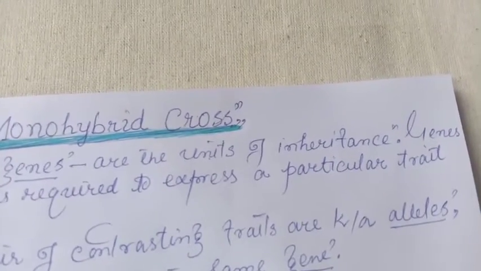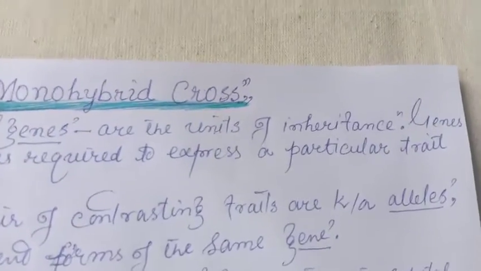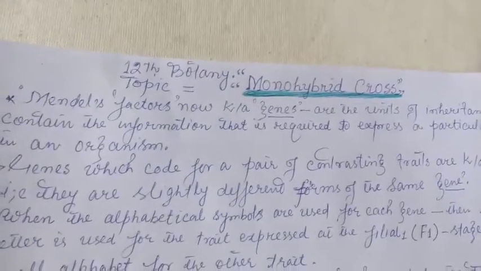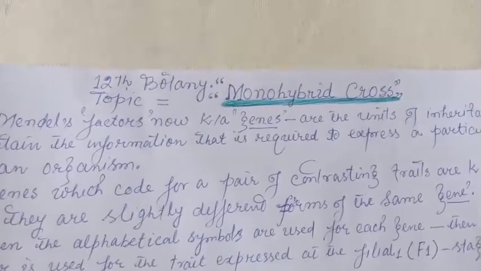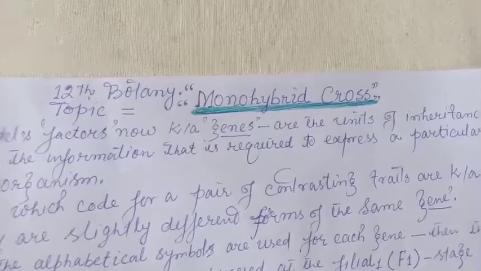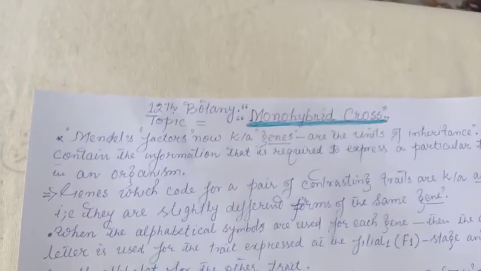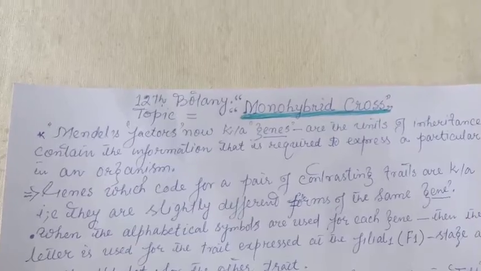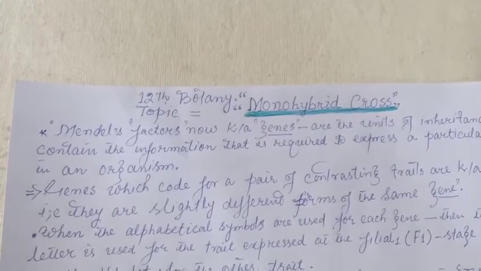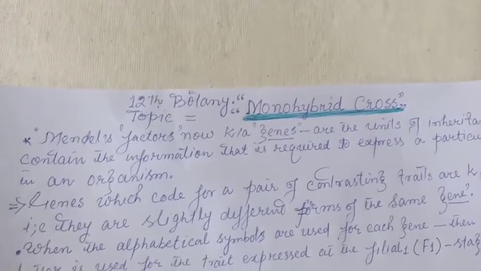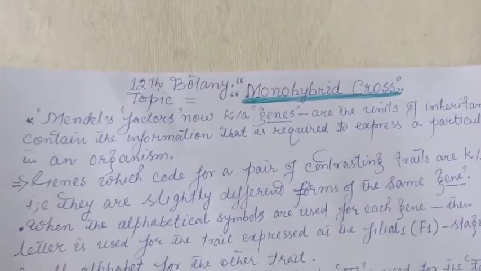They are responsible for carrying the characters from parents to their offspring. And genes contain the information that is required to express a particular trait in an organism. It is the genes, wholly the genes, that are responsible for character transmission.